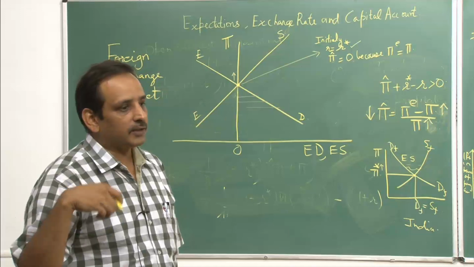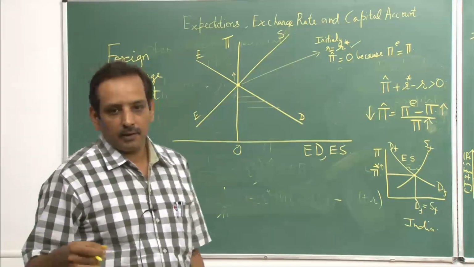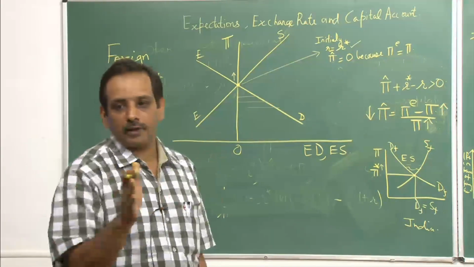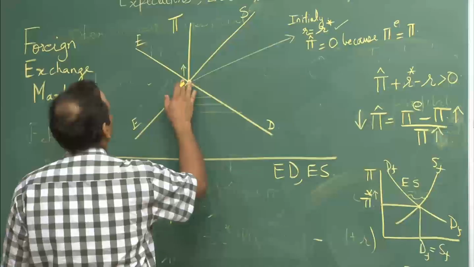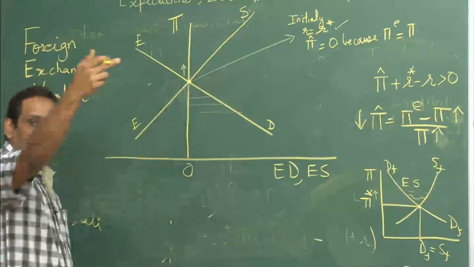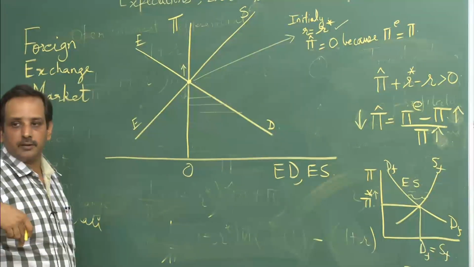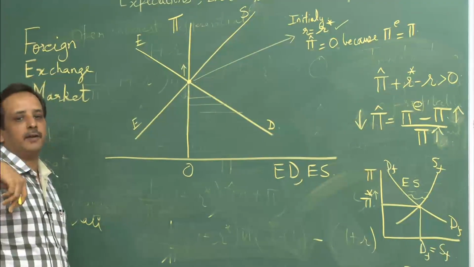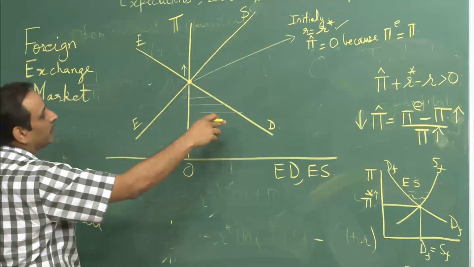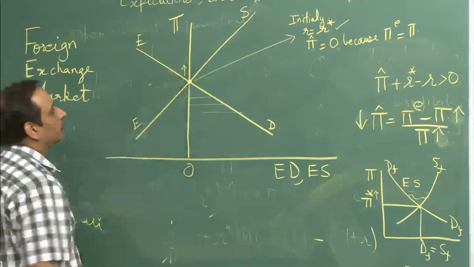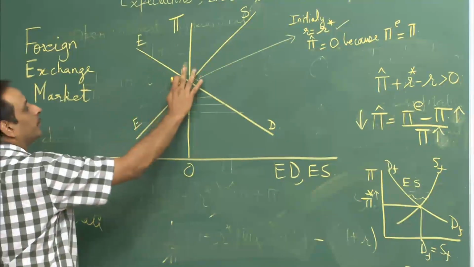So, the excess demand would have come to be negative in that case, because it is the foreigners who are putting up the money. Supply is greater than our demand. So, then you see negative ED if pi goes beyond this point.